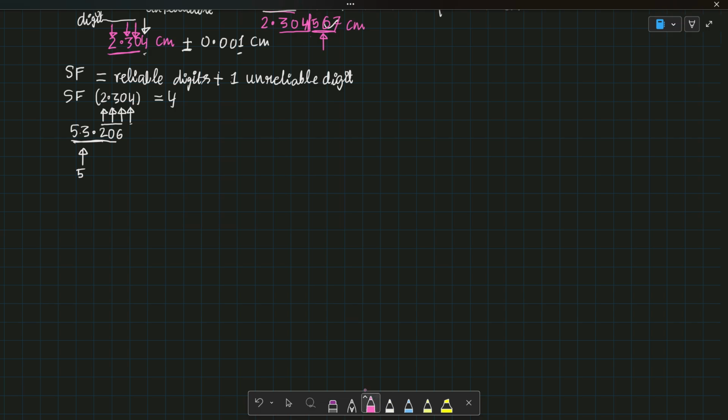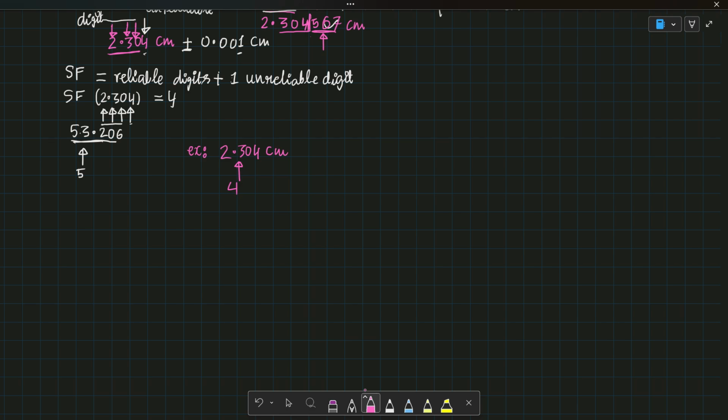Let's say we are given 2.304 centimeters. If somebody asks the significant figures, we count the numbers and say it has 4 significant figures.